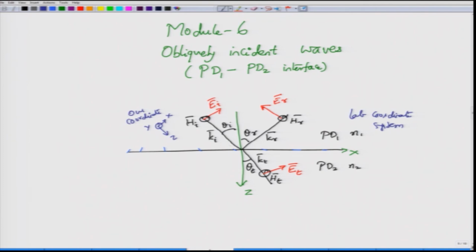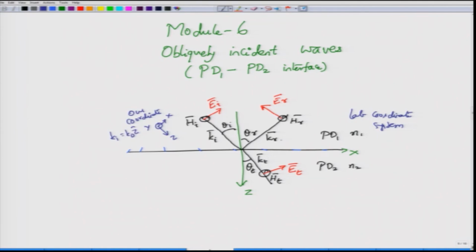Why? Because the incident k vector, denoted by k I here, has both a component along z as well as a component along x. This seems to be needlessly complicating our problem, because in our coordinate system k I will be along the z axis, whereas in this case it is slightly complicated.